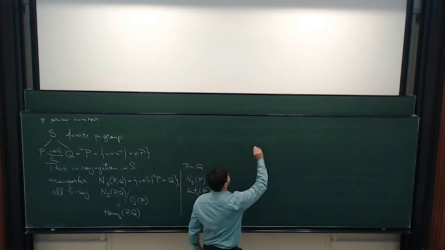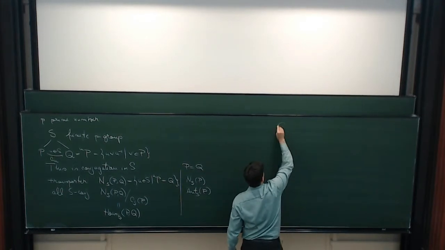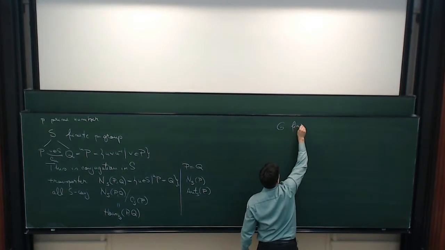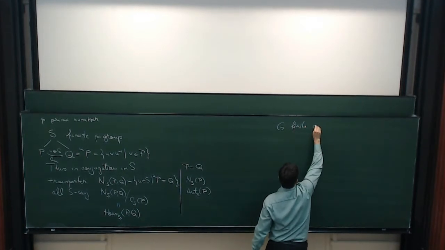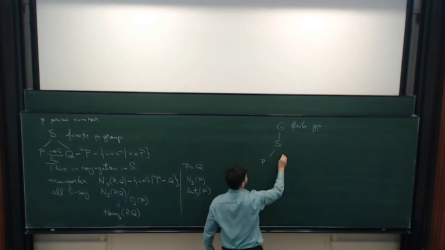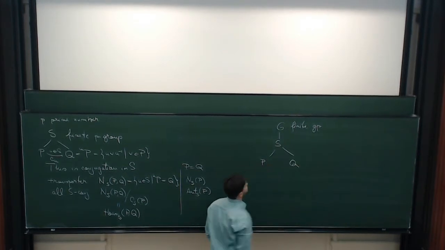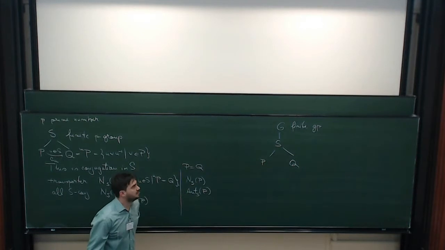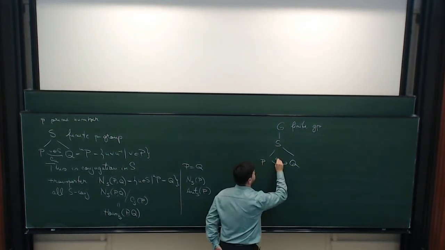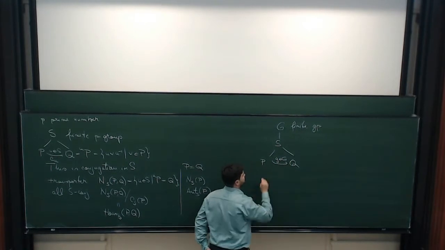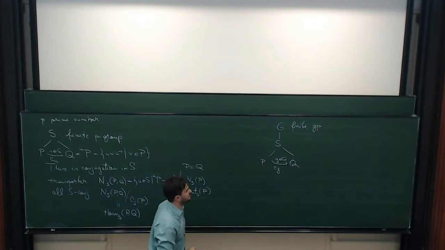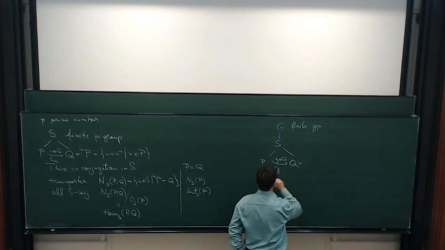What about a slightly more general picture? Take G a finite group. Take S as before with P and Q subgroups of S, and take a g inside of this finite group and consider the conjugation by this element g.